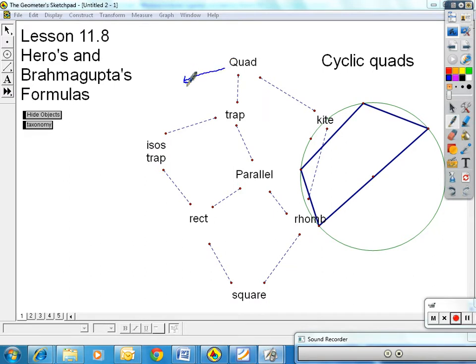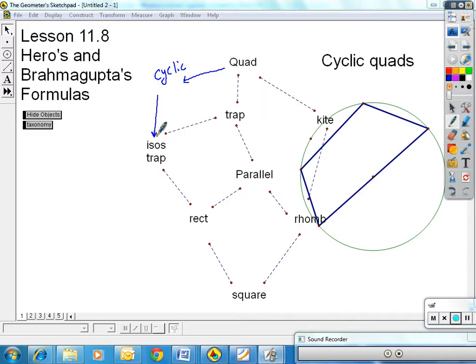Off here we have cyclic quad, and then it comes down to isosceles trap. So a square is always a rectangle, is always an isosceles trap, which is always cyclic. Every isosceles trap would be cyclic. So that's where it belongs in our taxonomy.